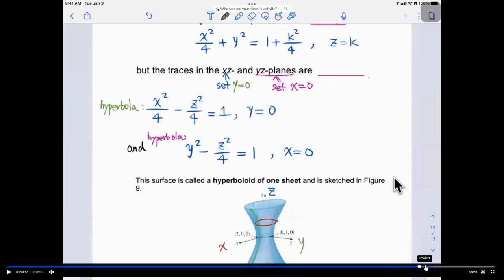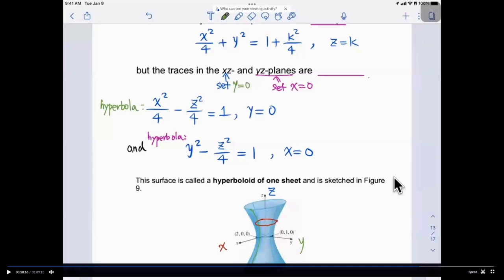Now how does the surface look? The surface over here will look this way. So this one here is the horizontal plane. And then if you turn it this way, that will be a hyperbola.